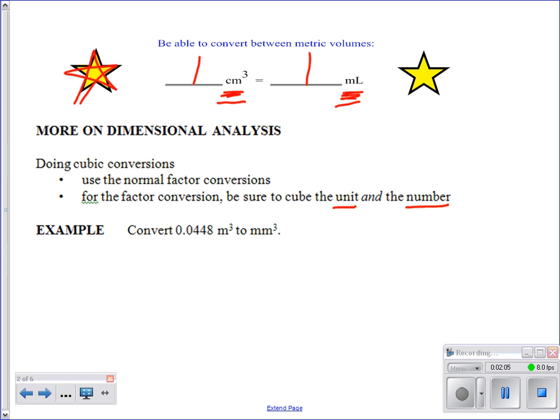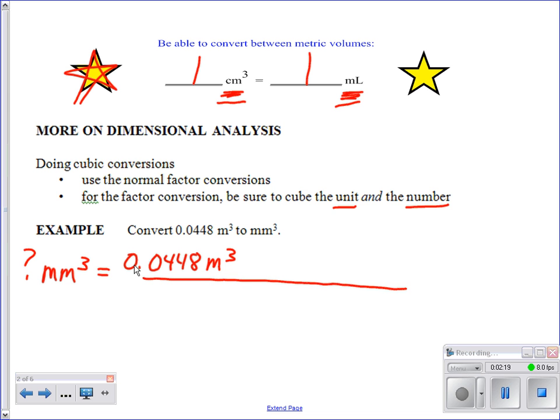So the first question says that we want to convert to cubic millimeters if we're starting off with 0.0448 cubic meters. Well, based on what we learned yesterday, we know that we can really easily get rid of meters and go to millimeters.